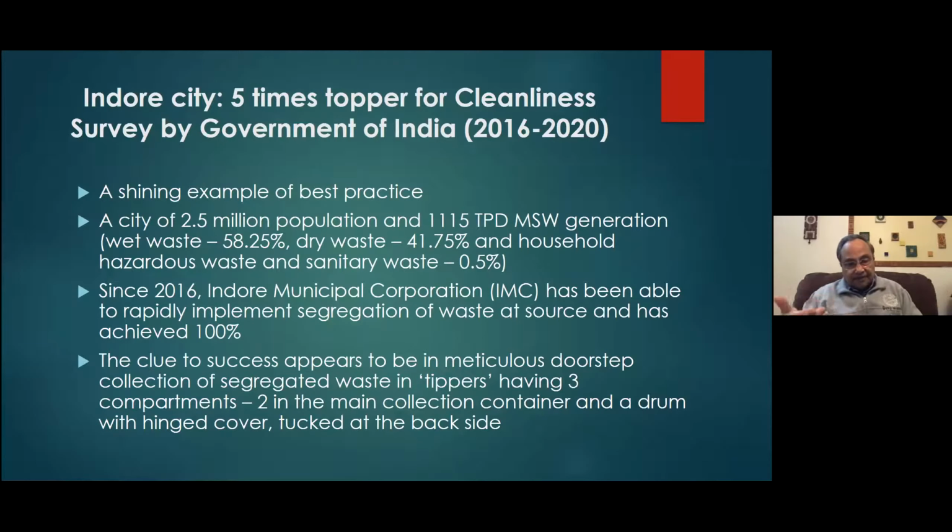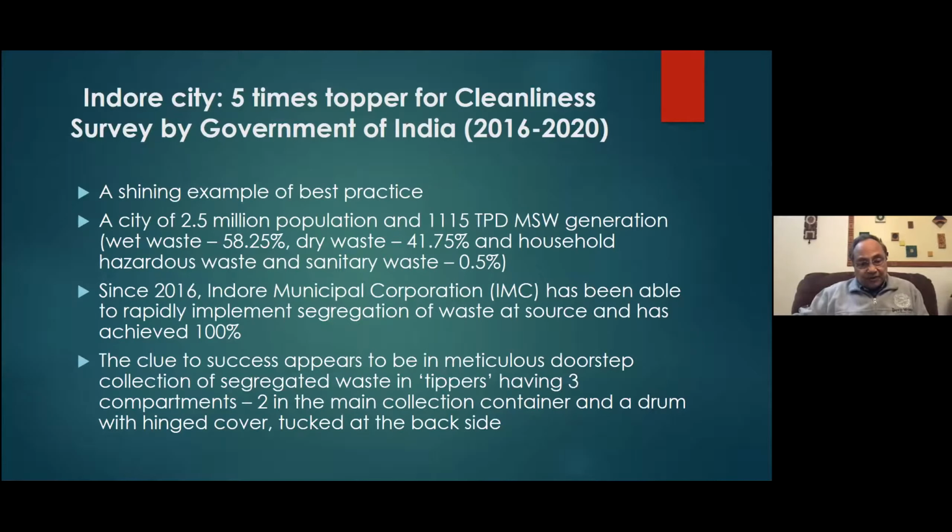The sanitary waste is usually put in the dry waste. Since 2016, Indore Municipal Corporation has been able to rapidly implement segregation at source and has achieved 100%. This is a big control. If you have segregated waste, then it is easier to put in systems to further process, treat or dispose of it. This is one of the most important points.